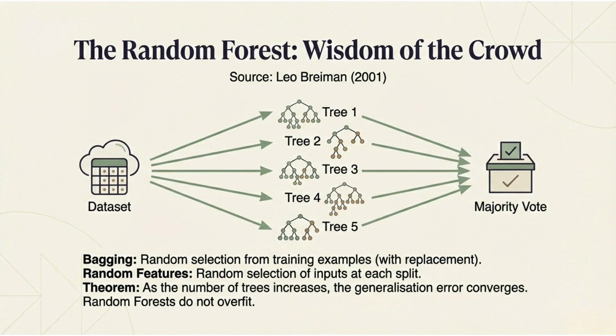Random forest, introduced by Leo Breiman in 2001, is an ensemble learning method based on decision trees. Instead of relying on a single tree, it builds many trees using different random samples of the dataset. This technique, called bagging, selects training examples with replacement to create diverse trees.